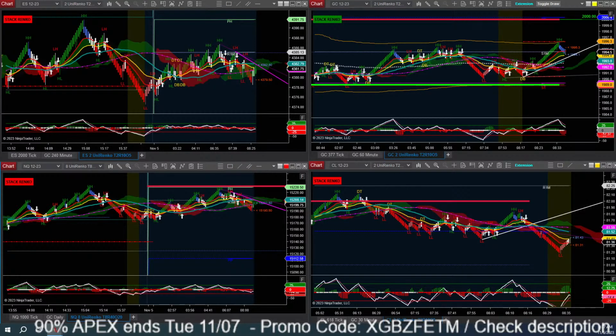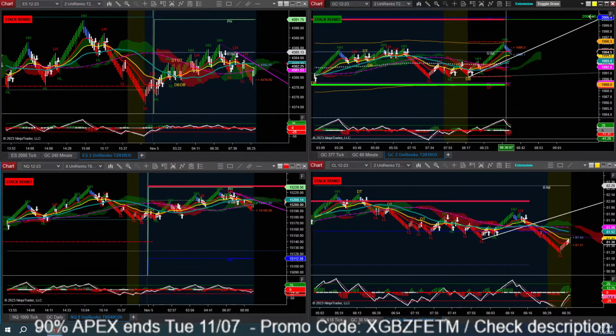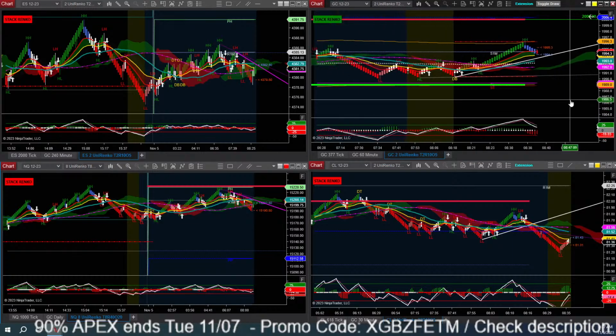in the range. It's trying to bounce off of the 34 EMA.